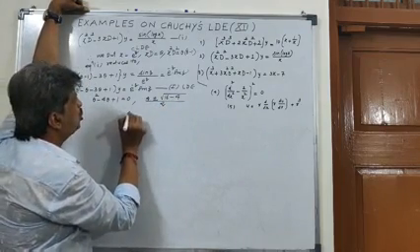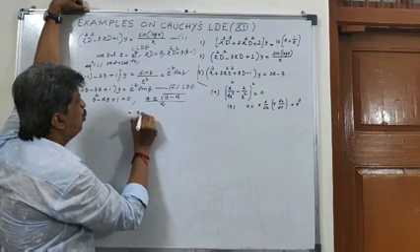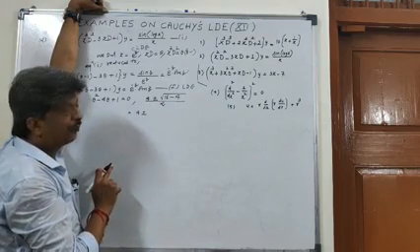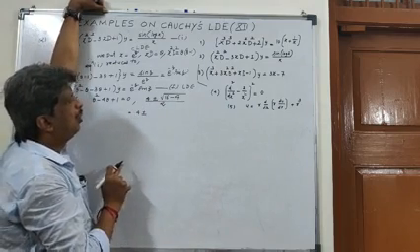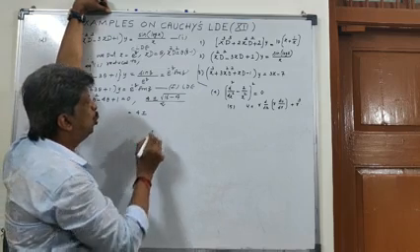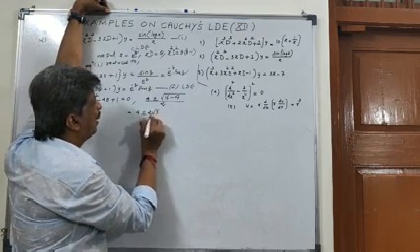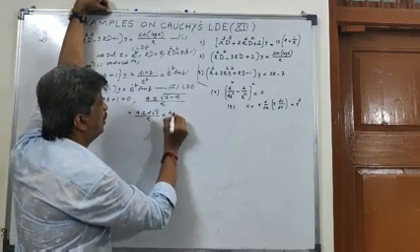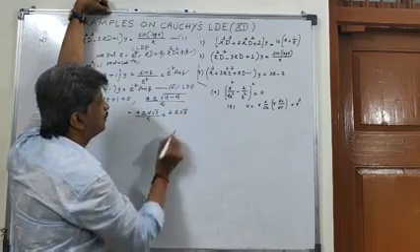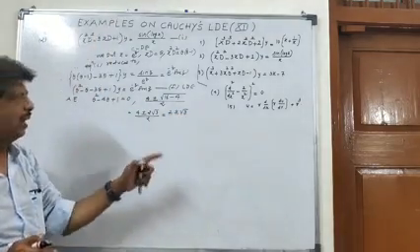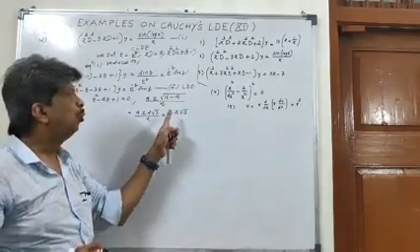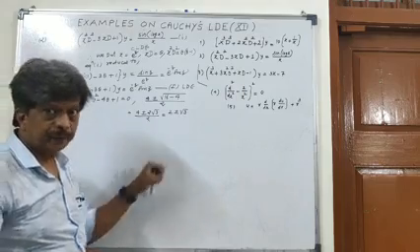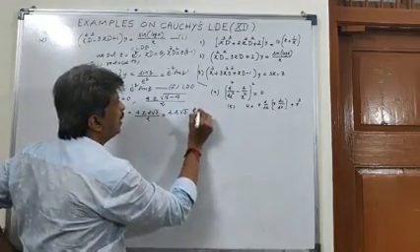So, the roots are 4 plus minus root of 12. What is root of 12? 4 3s are 12, 2 root 3 upon 2. So it is equal to 2 plus minus root 3. So this pair of roots are 2 plus root 3 and 2 minus root 3. The roots are real and distinct.